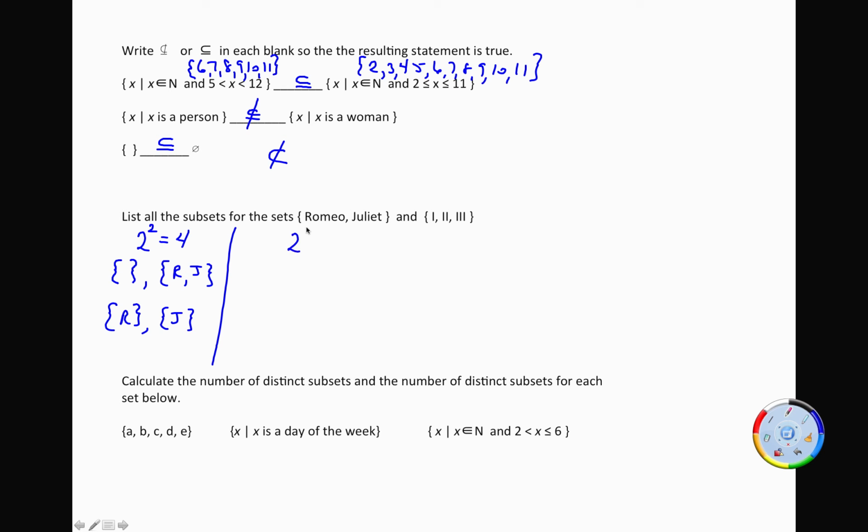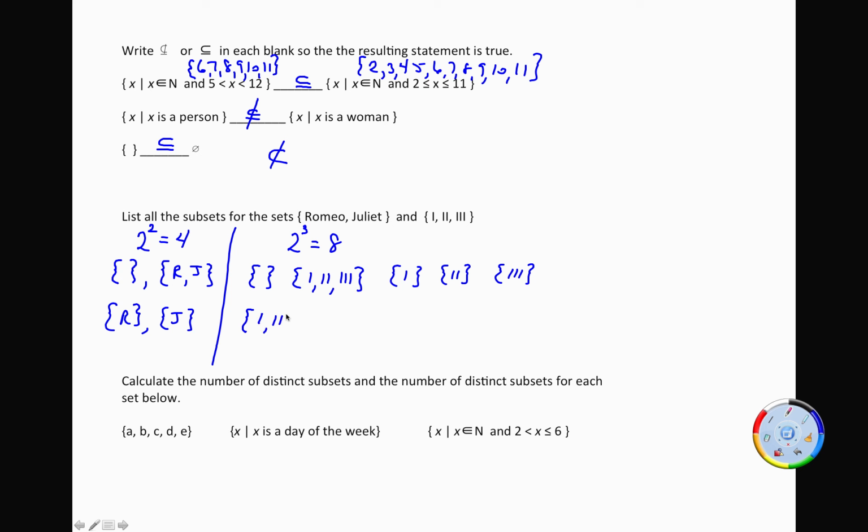On this one, because there are 3 elements in the set, I know that I'm looking for 8 subsets. And again, I know that the empty set and the set itself are 2 of those 8 subsets. So now I can list each one individually. So 1, 2, 3. And find some kind of way to make it orderly so you can keep track.